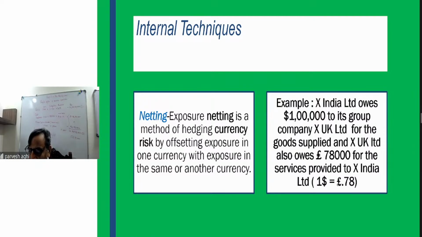So the complete set off of $1 lakh means £78,000. So nothing has to be paid and nothing has to be received, because X has to receive $1 lakh, but at the same time pay £78,000, which is nothing but $1 lakh, because the $1 rate is 0.78. So this can be completely settled.